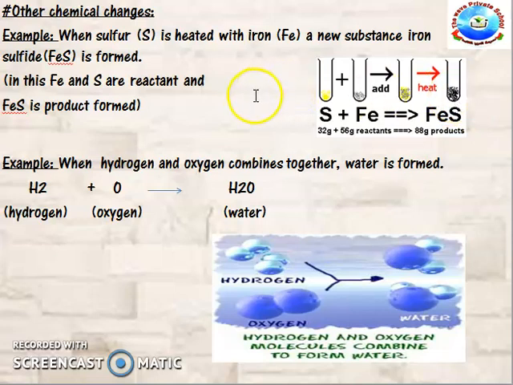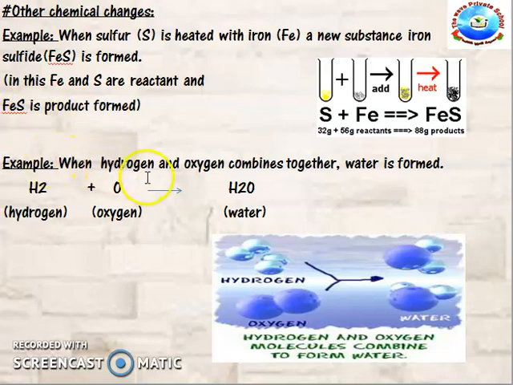Now see students, you remember I told you in a chemical reaction there are reactants which react with each other to give a product. Fe and S are the reactants and the product formed is FeS. Got it?